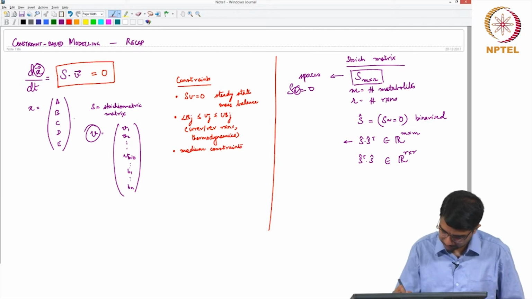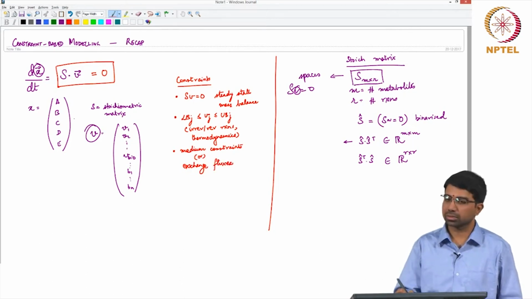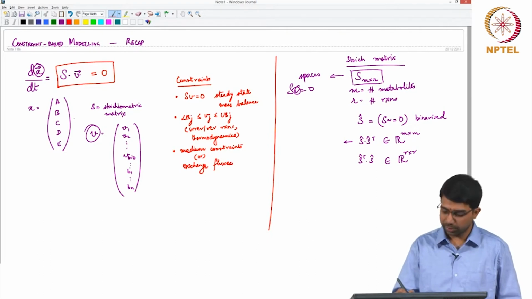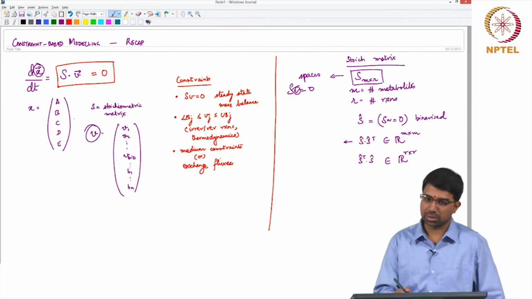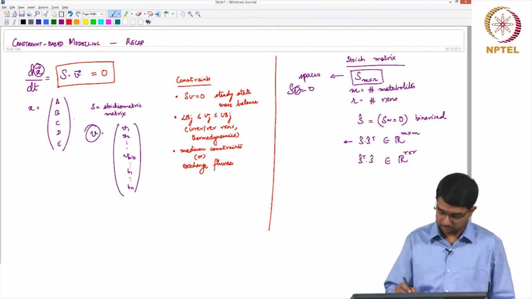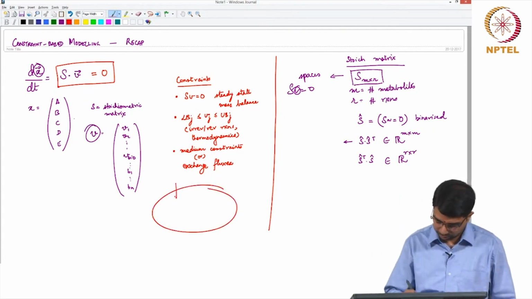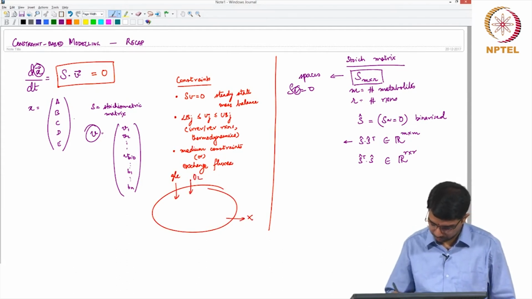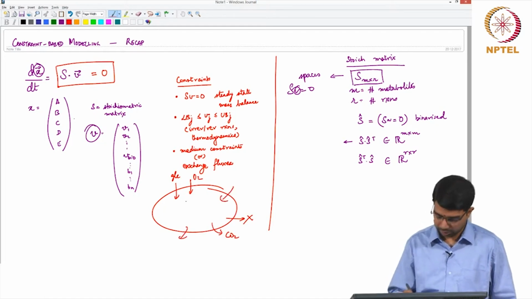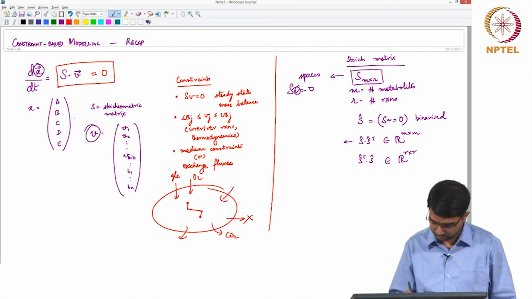So what are the medium constraints or exchange fluxes, right? What are your medium constraints versus exchange fluxes and so on? So you had a cell, you said you take so much of glucose, so much of O2, some biomass, some CO2 and so on, and of course there is a complex metabolic network that is going on here.